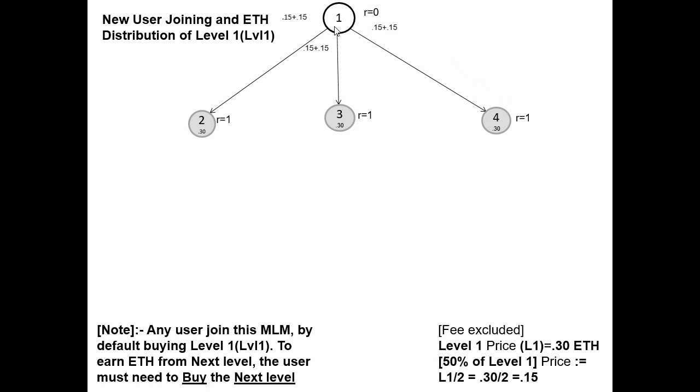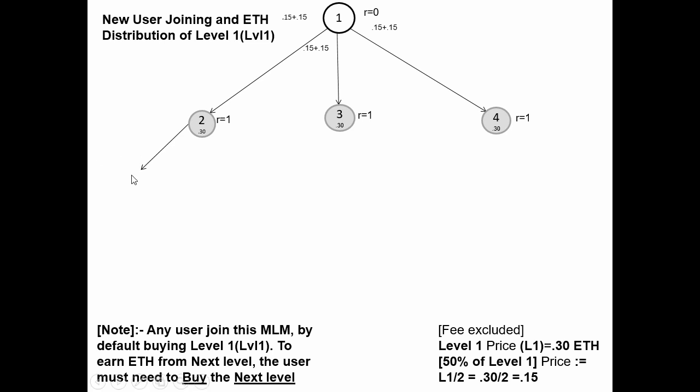Now if user 2 adds a new user, what will happen? The new user ID will be 5, so 5 will be placed on his left. This binary search tree works from left to right.